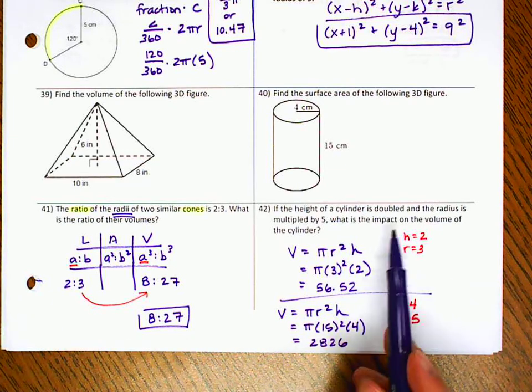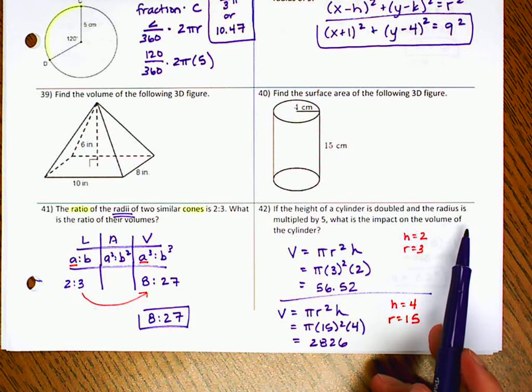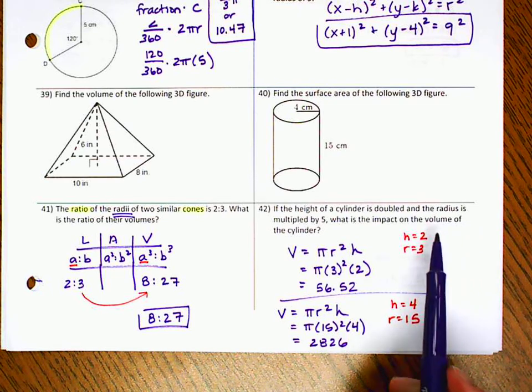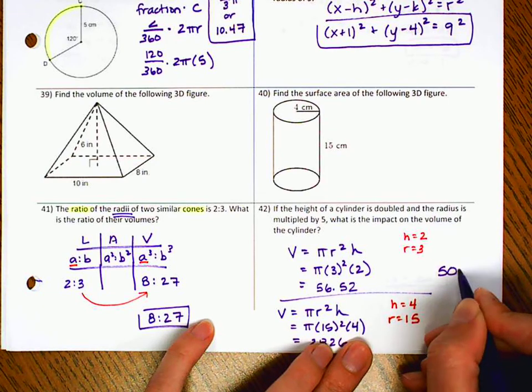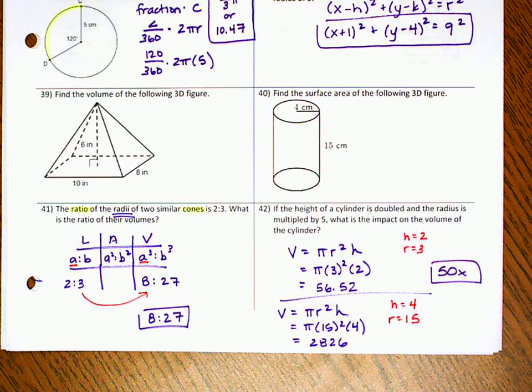Well, we want to know the impact on the volume, so how many times greater is it? To figure that out, I'm going to do the bigger number divided by the smaller number. That will give me how many times greater it is. I got 50 times greater. Now, there are other ways to do this problem, but I think this is a safe way to do it.